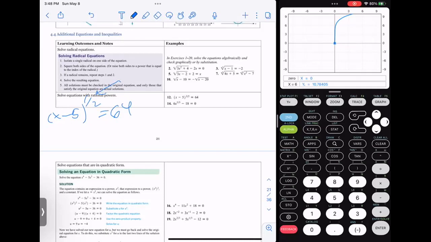I'll get rid of that exponent. Note that if you have something to the 1/2 power, it's the same as the square root of that number. But what I can do is still raise both sides to a power. If you remember properties of exponents, if you have a power to a power, you can just multiply the exponents.